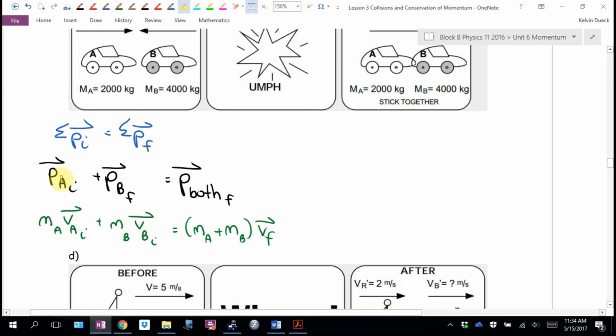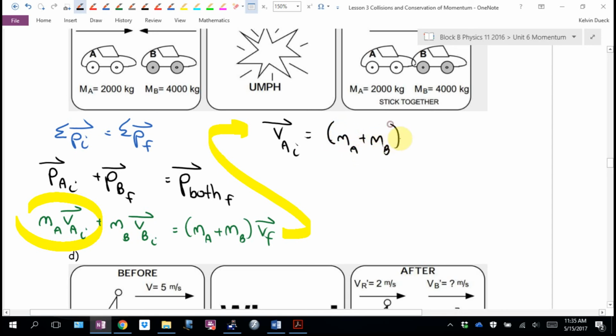How would I get that by itself? Minus MB VB. And then? Oh, there you go, Jason is correct. He said if you want to get the VA initial by itself, first the MA plus MB V final stays where it was. It drops down like a domino. And then I would minus the MB VB initial and divide by which mass, Jay? M of A. Yeah.